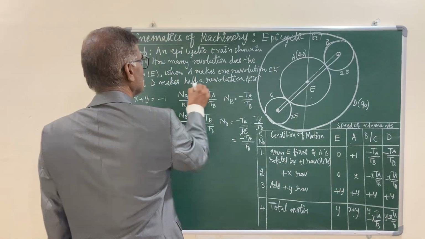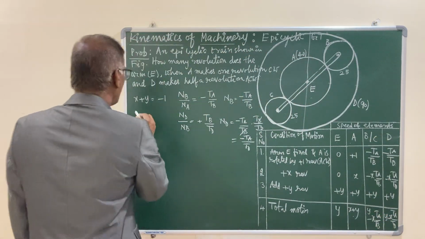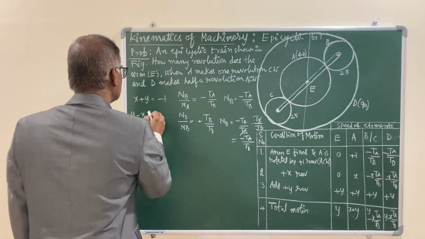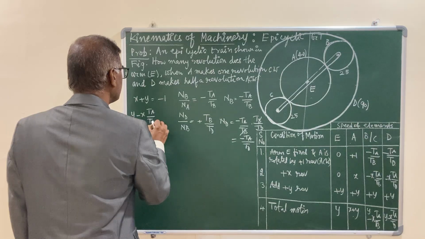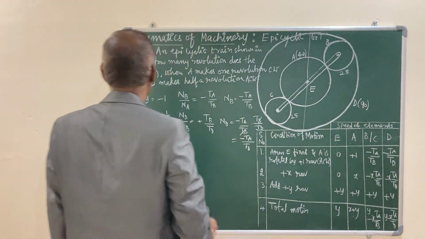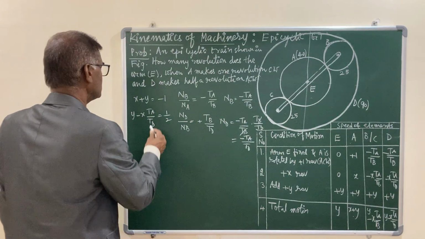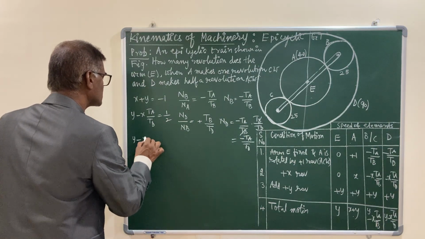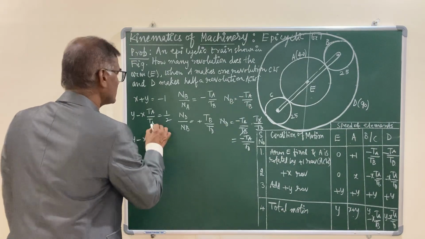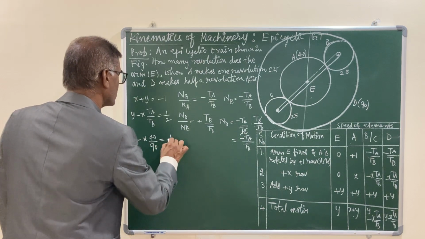And the other condition is D makes, the last column. So D makes, that is y minus x times Ta by Td, given as half a revolution, that is 1 by 2. Now substitute the values of the number of teeth in this equation, and you have y minus x times Ta, the number of teeth on A is 40, and the number of teeth on D is 90, is equal to 1 by 2.